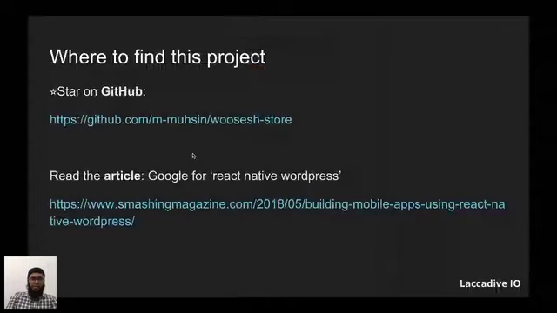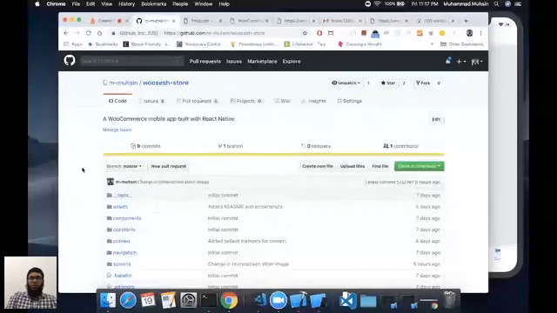You can clone this project to your local repository, cd into the project, npm install and expo start, just like I have done. Before that, you need to have Expo CLI installed globally on your machine. You can run it on the iOS simulator or the Android emulator, or even on your phone using the Expo app.